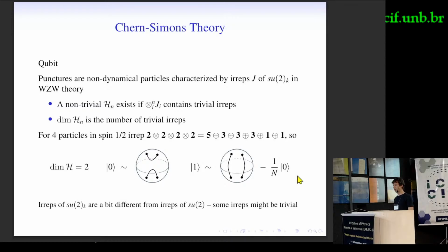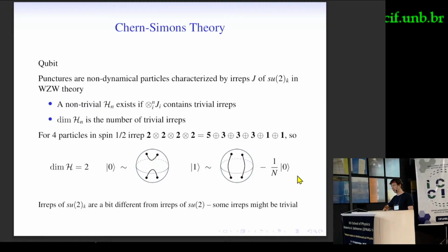So this story is for regular SU(2) representations, but we'll work with quantum group, so there will be fusion algebra. We'll work with the fusion algebra of SU(2)_K Wess-Zumino-Witten theory, which is equivalent. The action of Chern-Simons theory can be written as a boundary action when we consider Chern-Simons theory with a boundary, and this action is known as the Wess-Zumino-Witten theory.